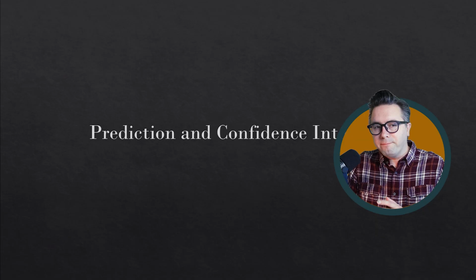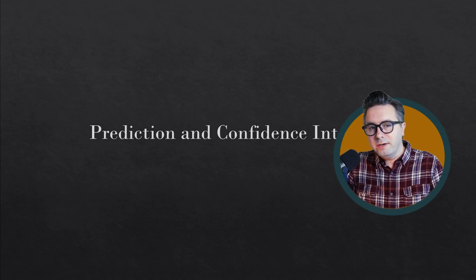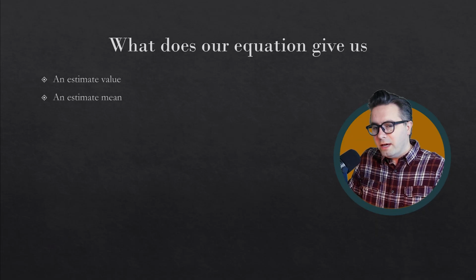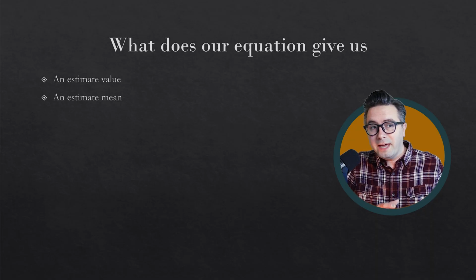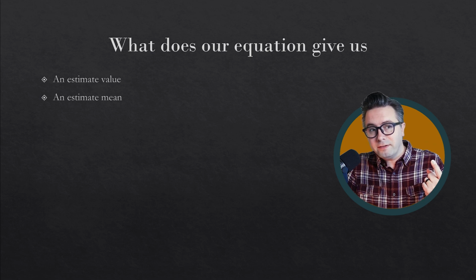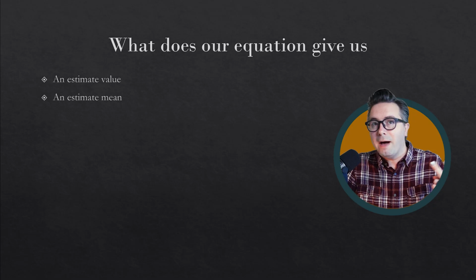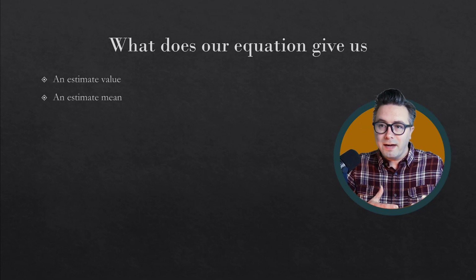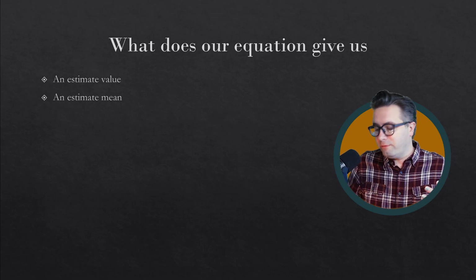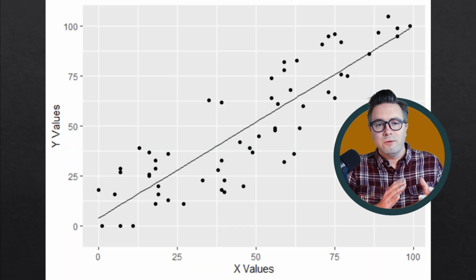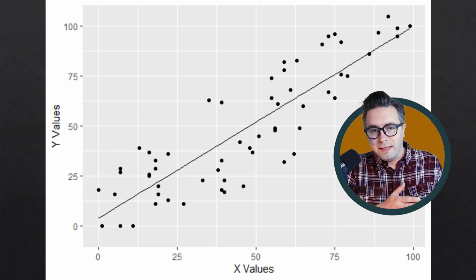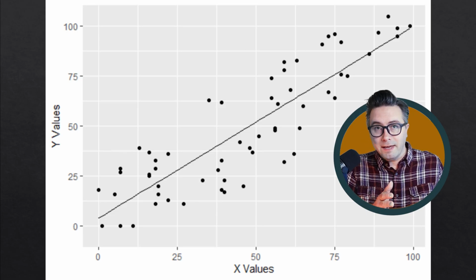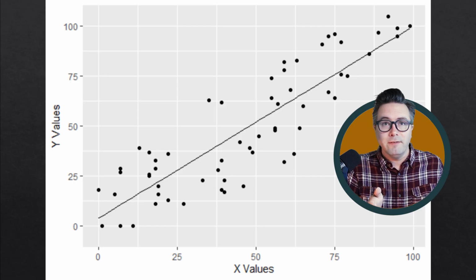Anyways, we're also going to talk about prediction and confidence intervals. The idea is that the equation we have helps to do two things. One, it can help us estimate a value, and two, it can estimate what we think the value could be. Sounds kind of the same, but it is different. For instance, if you look at this data right here, notice that the line fits that scatter plot very, very well.